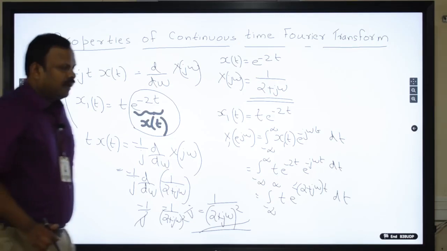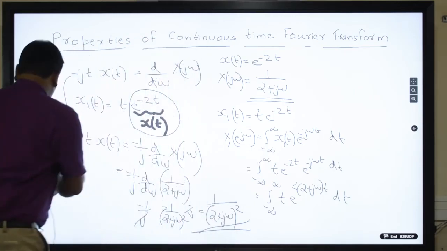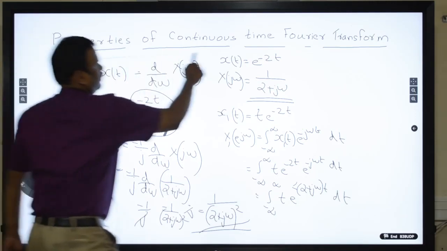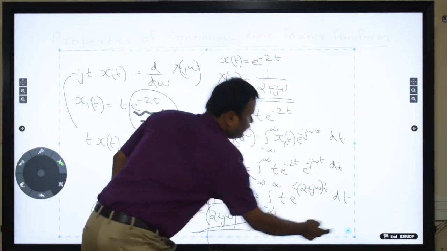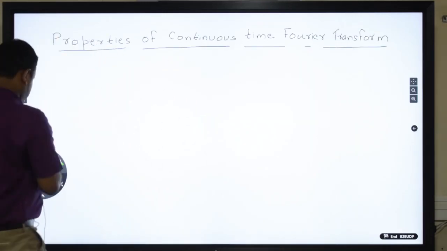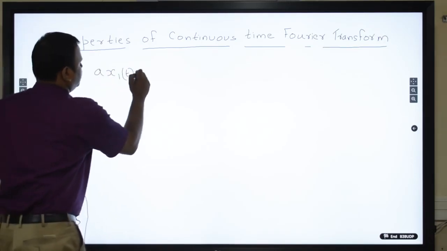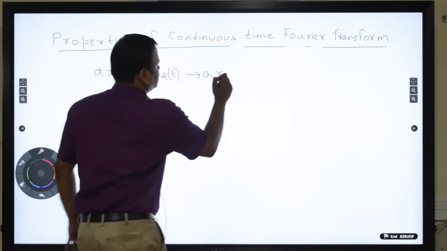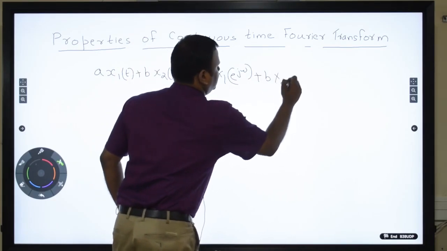So, today we have discussed the following properties. The first one is linearity, which says a x1(t) plus b x2(t) corresponds to a X1(j omega) plus b X2(j omega).